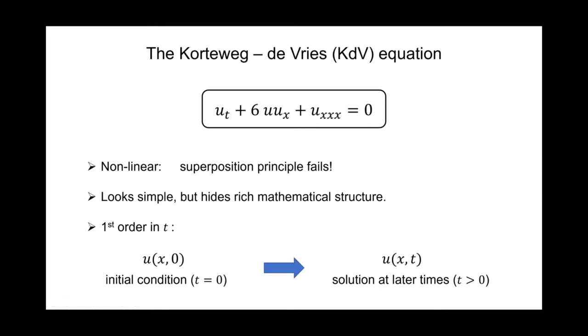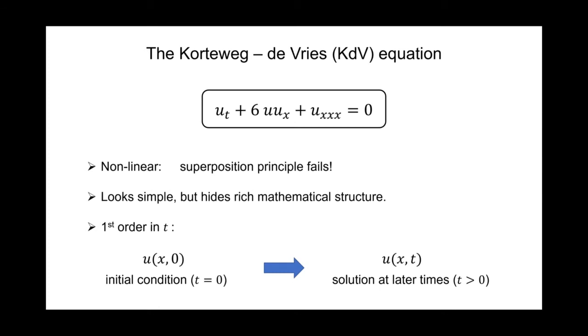I remind you that the superposition principle holds for linear equations, and it tells us that if we rescale a solution by a constant, we get another solution, or if we add two solutions, we get a third solution. Unfortunately, here the superposition principle doesn't apply, so we cannot immediately add up different solutions.